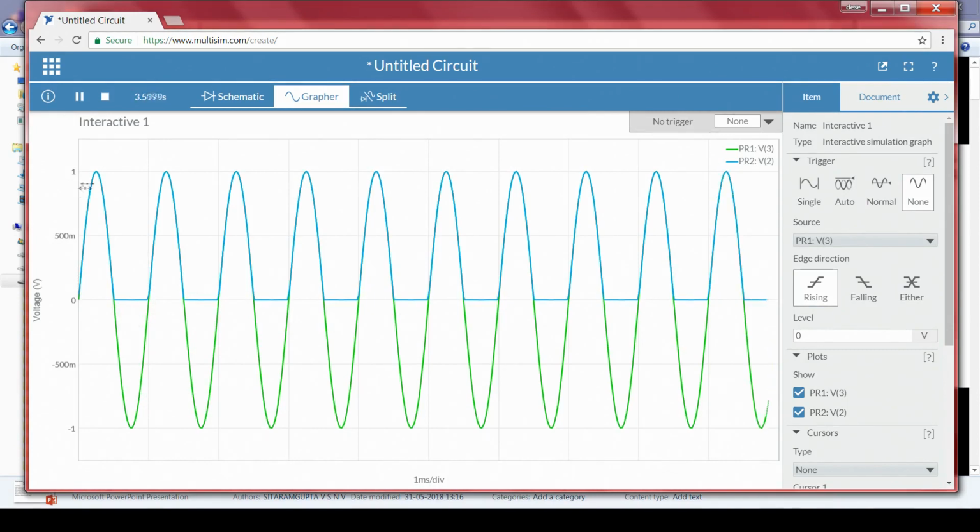The green is a complete wave with a peak to peak of 2 volts, but on the output, if you observe, it was only allowing the positive peaks to flow, whereas the negative peaks are completely removed. So, even if you consider an ECG signal in the same way, only the positive portion of the ECG signal will be allowed and the negative portion of the ECG signal will be removed.